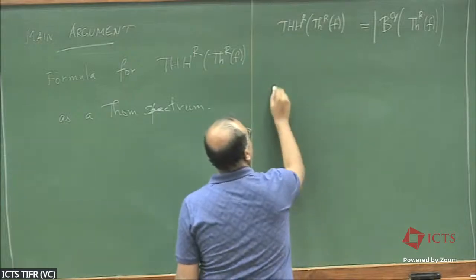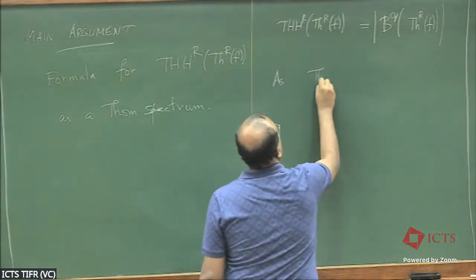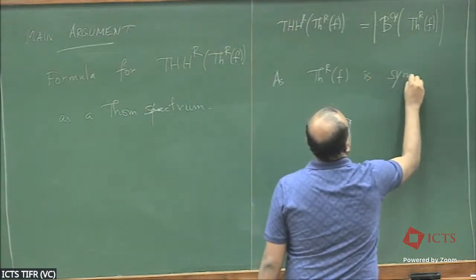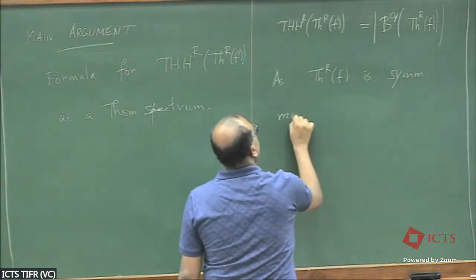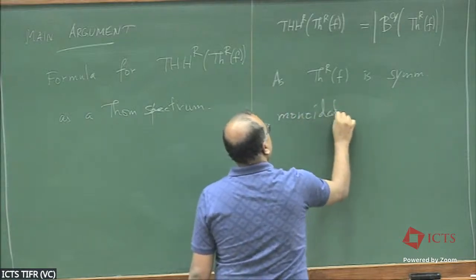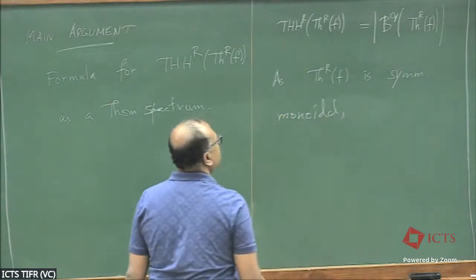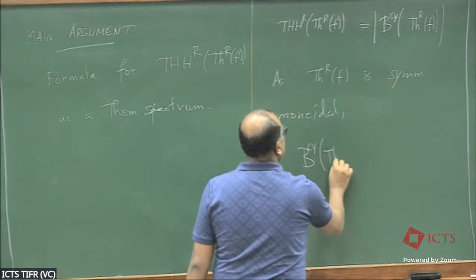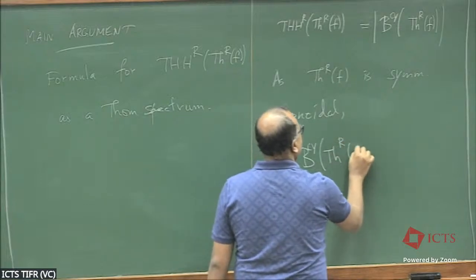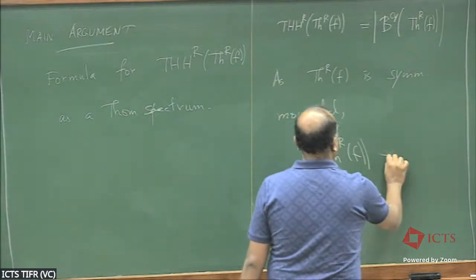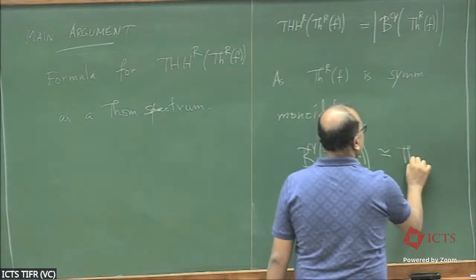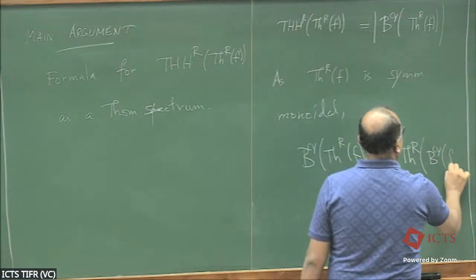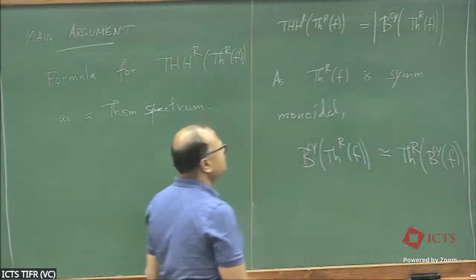So as the Thom spectrum functor is symmetric monoidal, this cyclic bar construction of TH_R of F will be equivalent to the Thom spectrum of the cyclic bar construction on F.